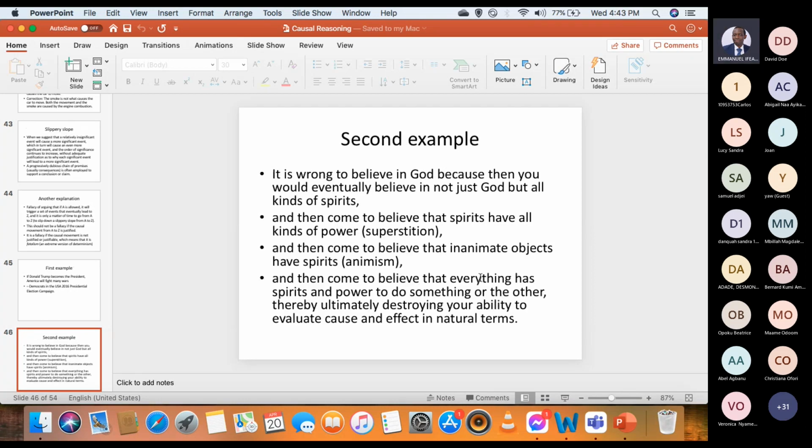Second example, it is wrong to believe in God because then you will eventually believe in not just God, but all kinds of spirits. And then you come to believe that spirits have all kinds of power, which is superstition. And then you come to believe that inanimate objects have spirits, which is animism. And then you probably will come to believe that everything has spirits and power to do something or the other.